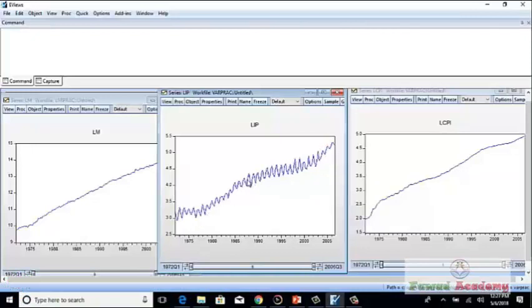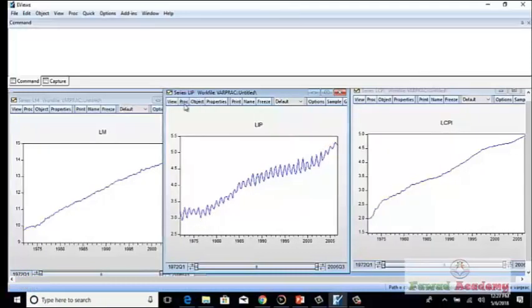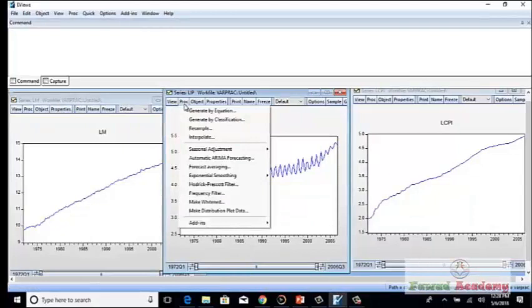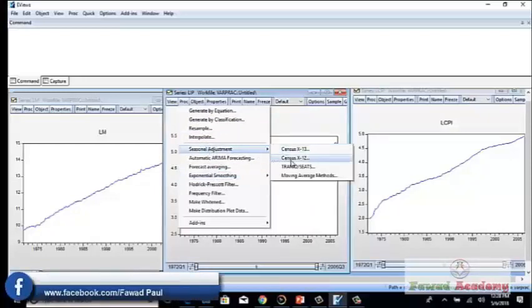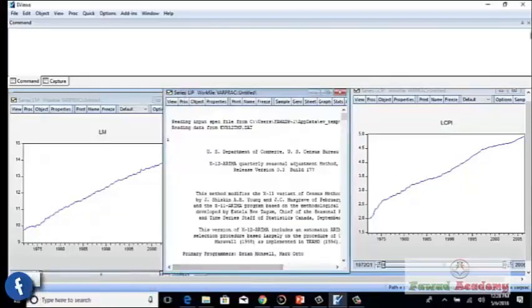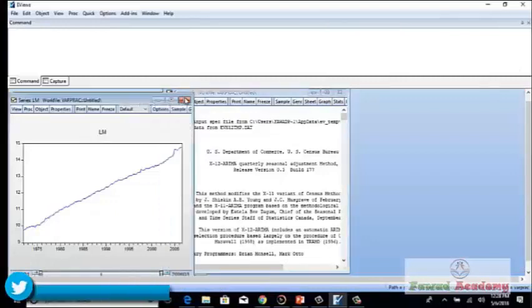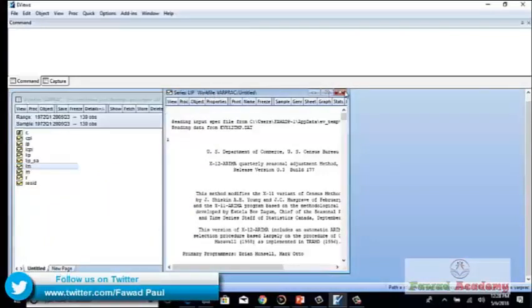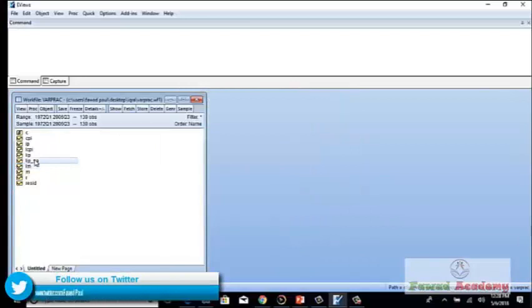So in order to remove the seasonality, we click Proc, go to Seasonal Adjustment, click Census X12 and click OK. Change the name.